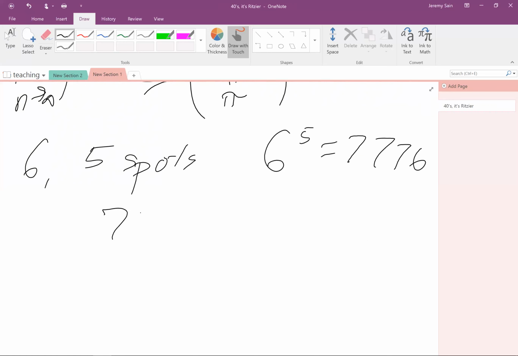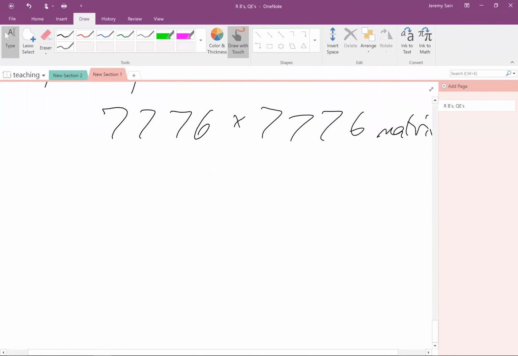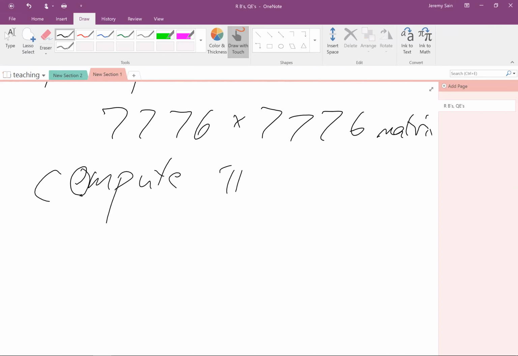So if you wanted to actually do this, you would start with your 7,776 by 7,776 matrix with all the transition probabilities, and then you can either compute the steady state distribution by doing the eigenvalue 1, or you could compute it by raising this matrix to larger and larger powers and taking the limit.